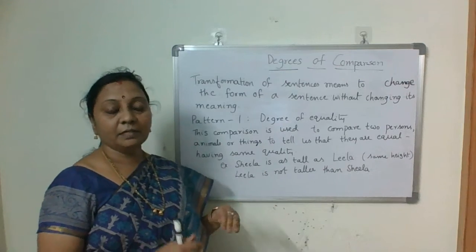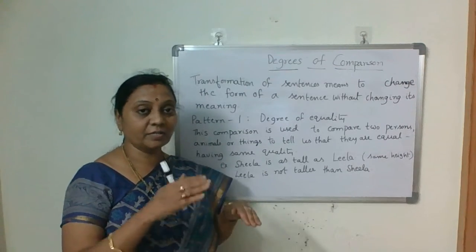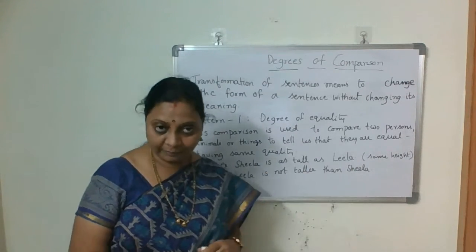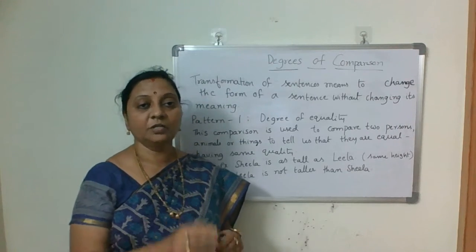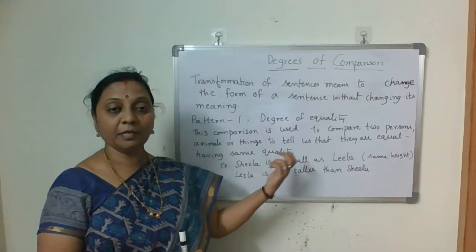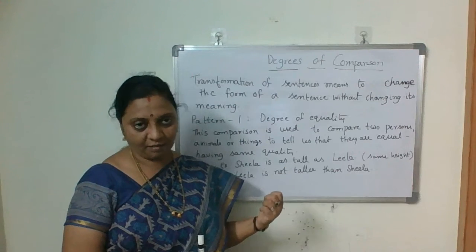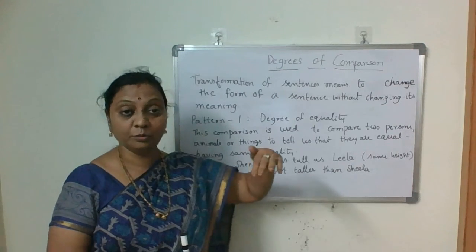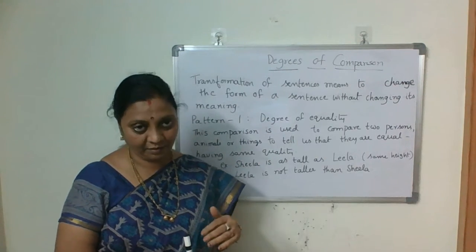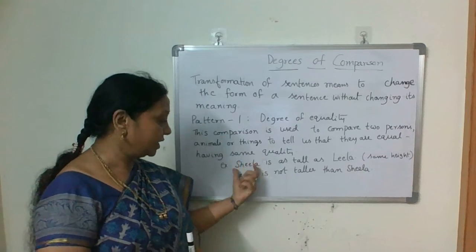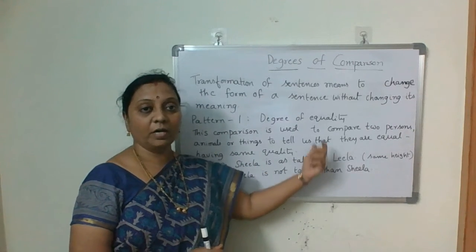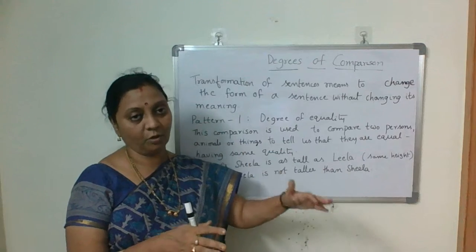Look at the example. Sheila is as tall as Leela. I've taken two girls and I'm talking about the heights of the two girls. I'm saying that the two girls are of same height. Then how do we use? Sheila is as tall as Leela. As tall as.